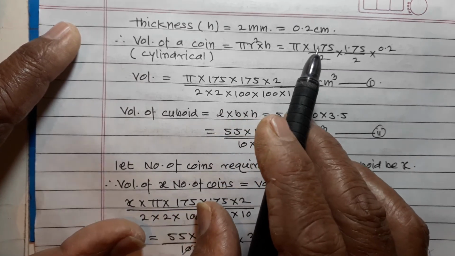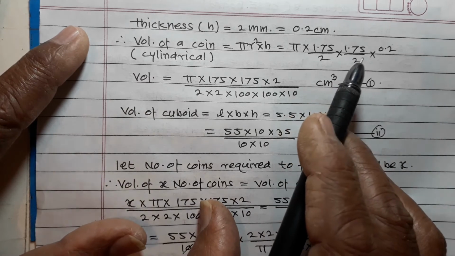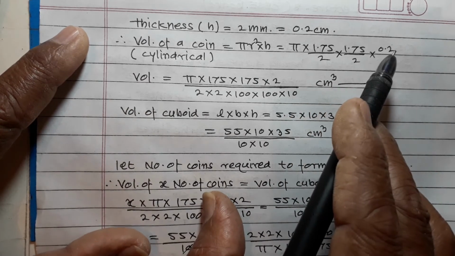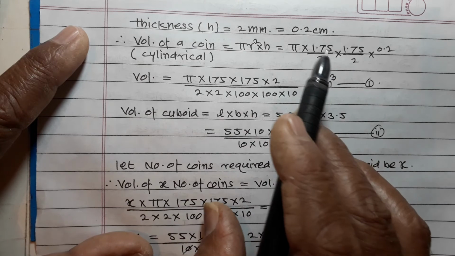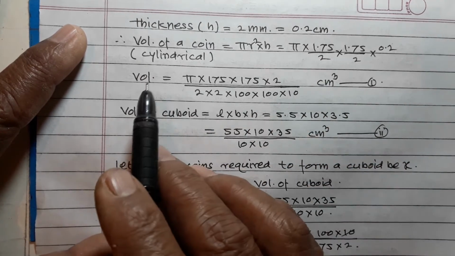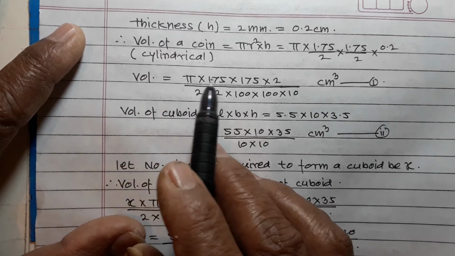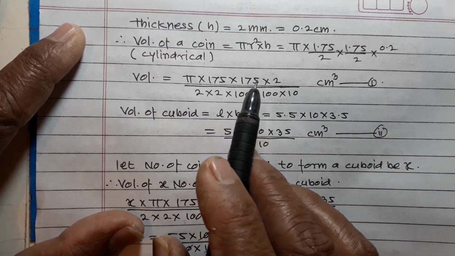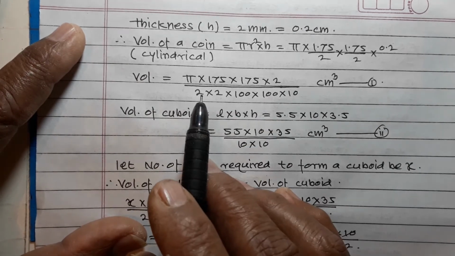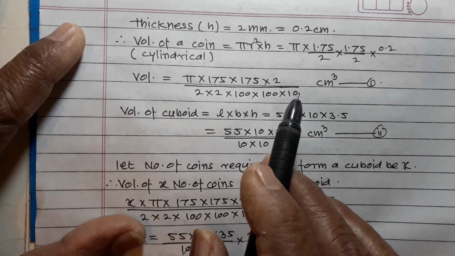So pi into 1.75 upon 2 into 1.75 upon 2 into 0.2. To simplify this, convert the decimal into fractions. So volume is equal to pi into 175 into 175 into 2 upon 2 into 2 into 100 into 100 into 10.